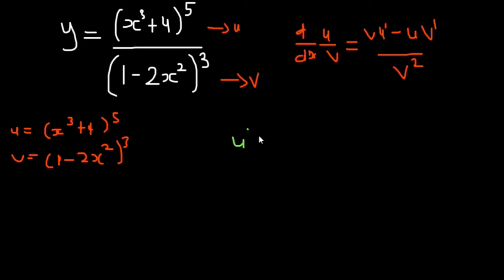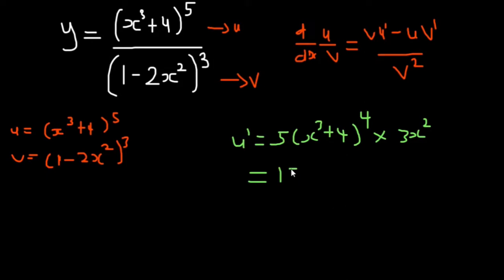Okay, so u prime will be equal to the derivative of u here. So that is 5 times x to the power 3 plus 4, all to the power 4. And the derivative of what I have inside is 3x squared. So then I multiply the 5 by the 3x squared, so that gives me 15x squared into brackets x to the power 3 plus 4, all to the power 4.